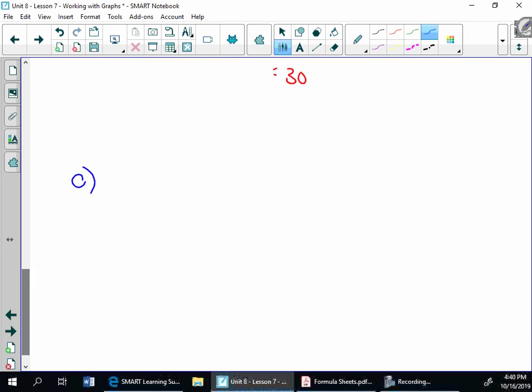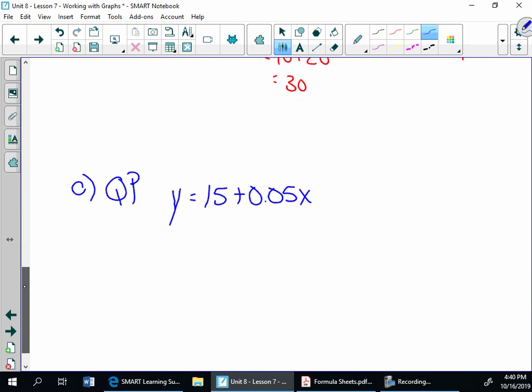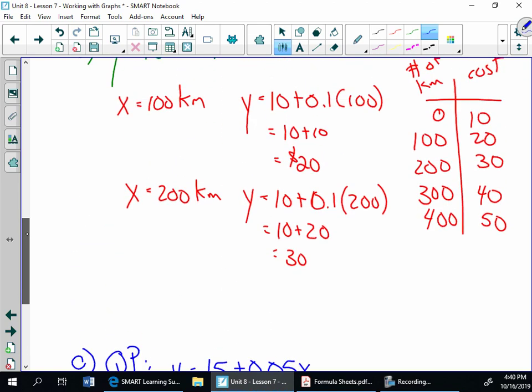I'm going to call it QP. I'm just going to write it down so I can see it down here, okay? It's 15 plus 0.05x. Okay, and the other one was Post Packages. It had a different equation. It was 10 plus 0.1x.